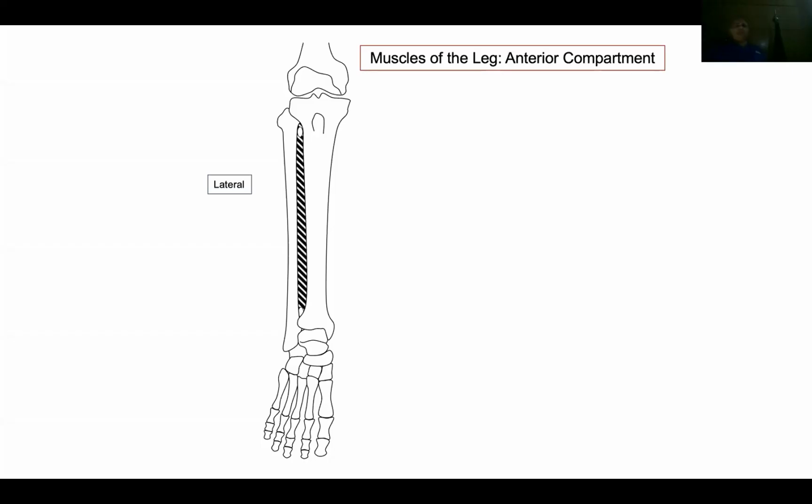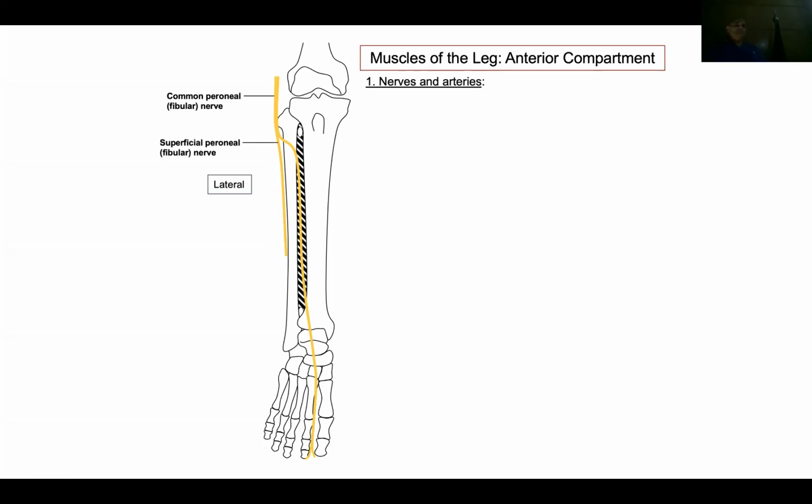Now let's put these things here. You're looking at the anterior aspect. You're looking at the tibia and fibula and the bones of the foot. So now there's a nerve. Who's that nerve? Going close to the fibula, common fibular. And you can see that it's dividing into two branches.